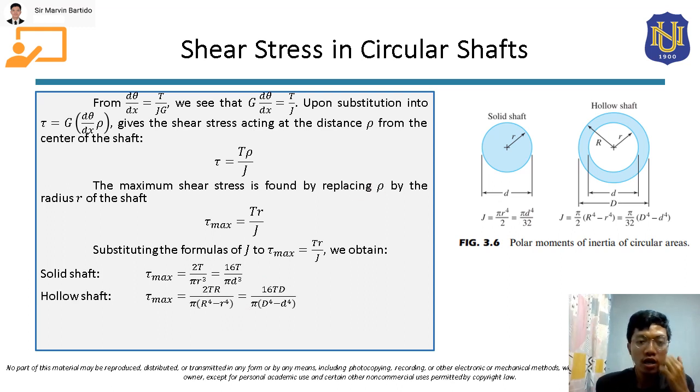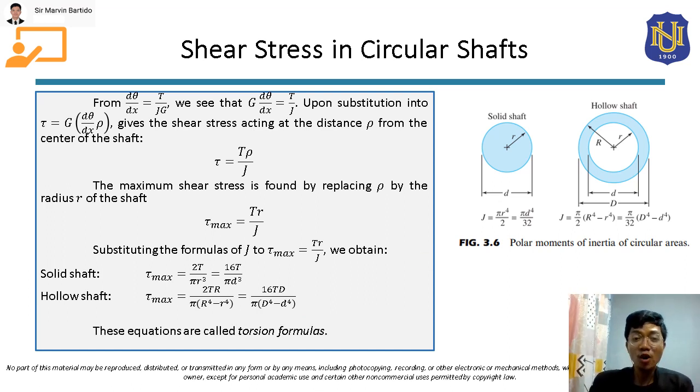And for a hollow shaft, this will be equal to 2TR over pi times outer radius R to the fourth minus inner radius r to the fourth, and this can also be equal to 16TD, where D is the outer diameter, over pi times outer diameter to the fourth minus inner diameter to the fourth.